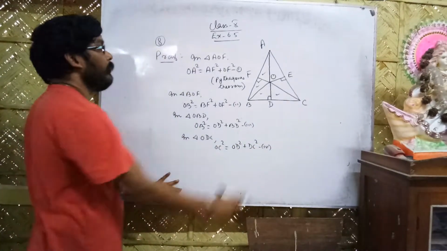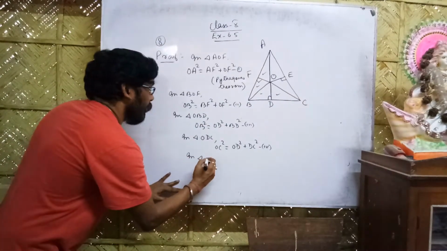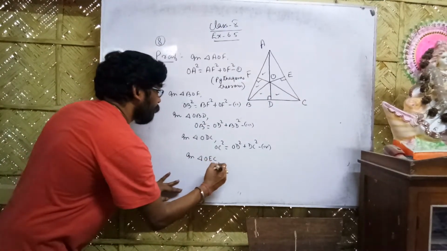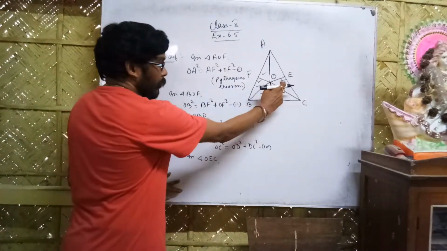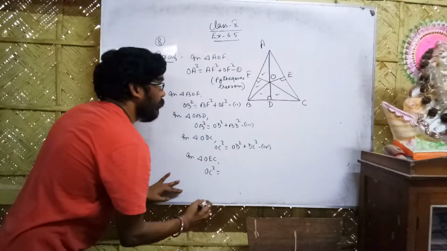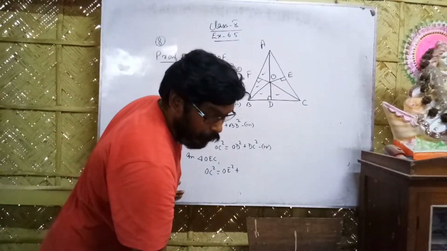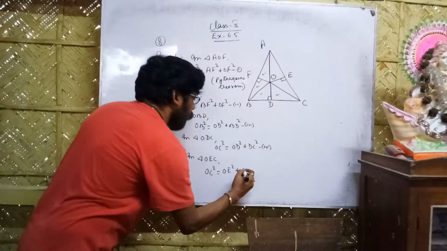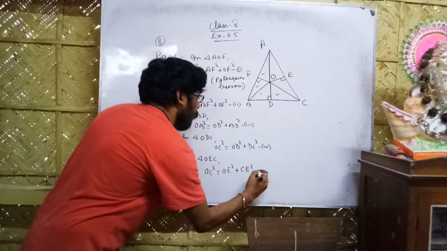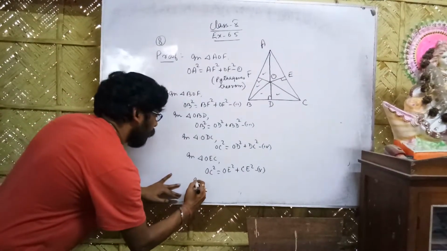Equation 4. Now come to this triangle, triangle OEC. In OEC, E is 90, so OC square equals OE square plus, in the book it is written CE, so write CE only, CE square. Equation 5. And the last triangle, triangle AOE.